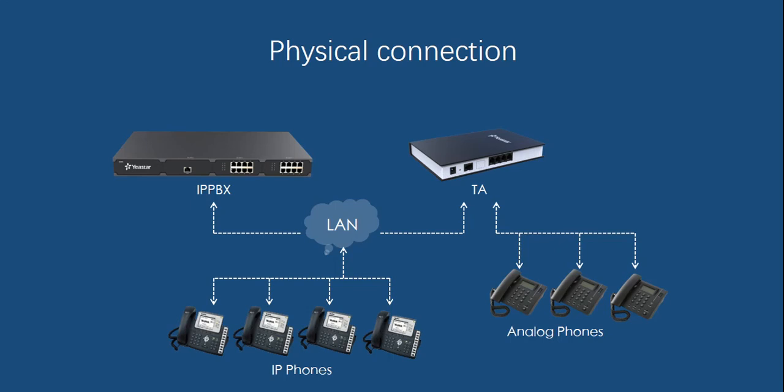Okay, so the first thing you might want to do is the physical connection. We won't spend too much time on this. Basically, whatever kind of gateway you have, you can simply have the lines or the terminals connected to the corresponding ports on one side, and connect the LAN port on your gateway to the local network where your IPPBX is located, so they have access to the same local network.